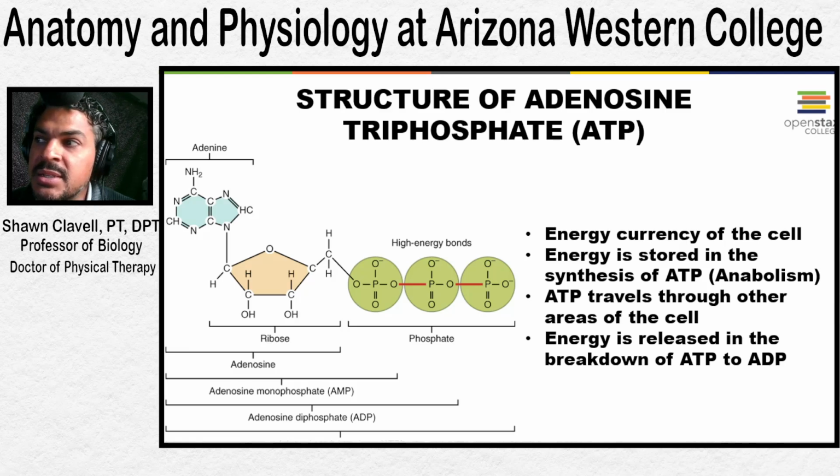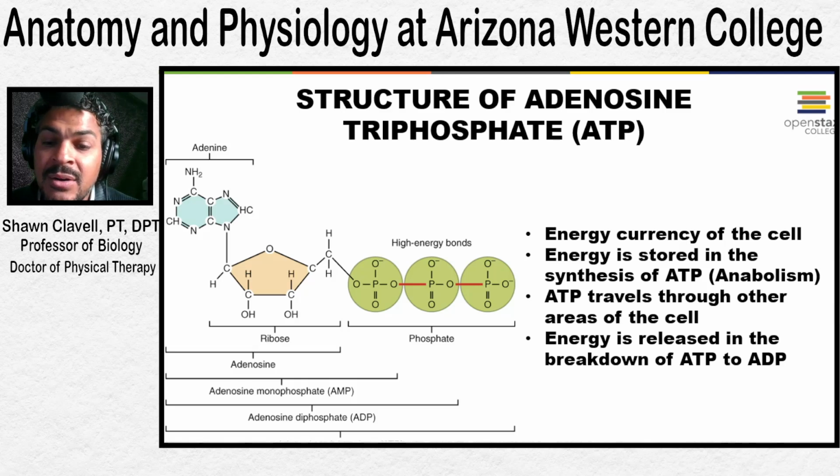And so energy is released when the phosphate is hydrolyzed, meaning that the bond between those phosphate groups is broken, and as a result, the product is adenosine diphosphate. If another phosphate was hydrolyzed from that, we'd have adenosine monophosphate.